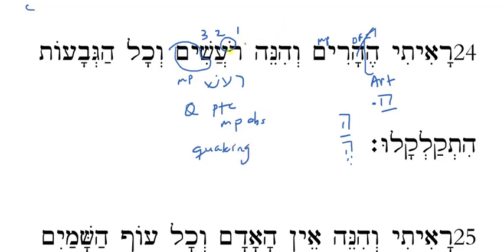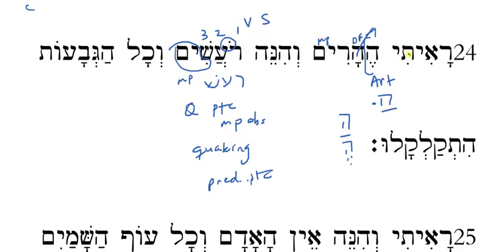Now, I don't have a subject of the clause. The participle here would be functioning as a predicate participle. In other words, what I would expect is a subject and then a verb in the form of a copula or a null copula, and then ro'ashim.